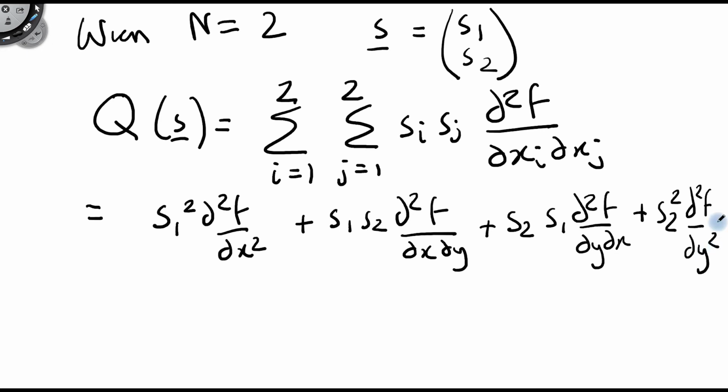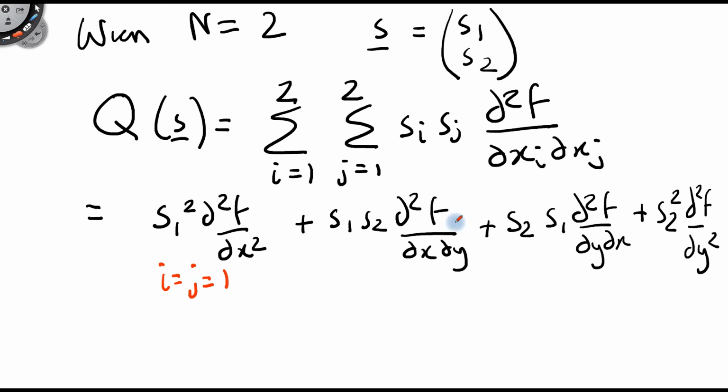Right, let's just clarify what I've done there. We've got a summation from 1 to 2 and another summation from 1 to 2. So we've got basically 4 options for i and j. Let's annotate what we've got here. We've got i equals j equals 1 for that one.